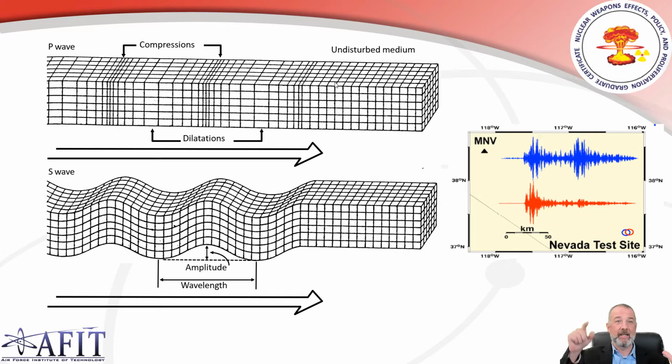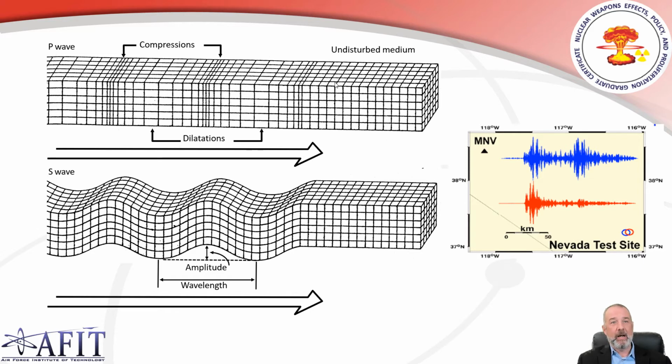If you stretch out a slinky and you take part of it and pull it down and then let it go, and then it goes up and down, and you basically get what looks like a traveling wave, that's a shear wave. Okay, when we have earthquakes, a lot of earthquakes are caused by displacement of the ground in some method or in some way, and this produces these shear waves.